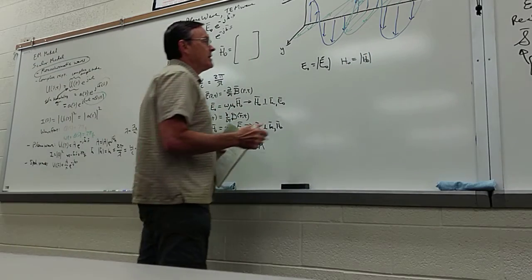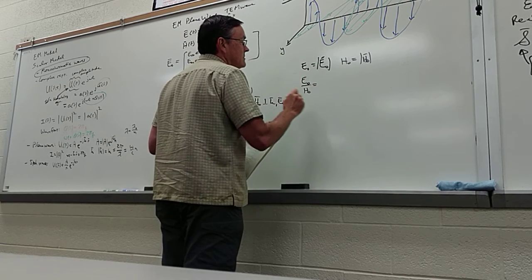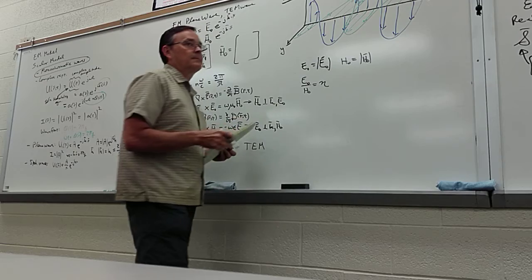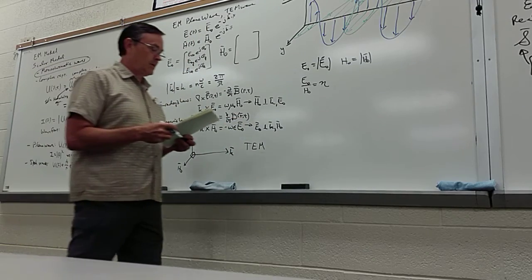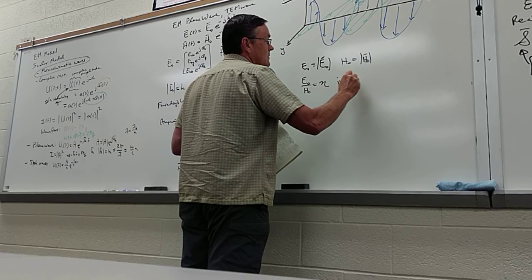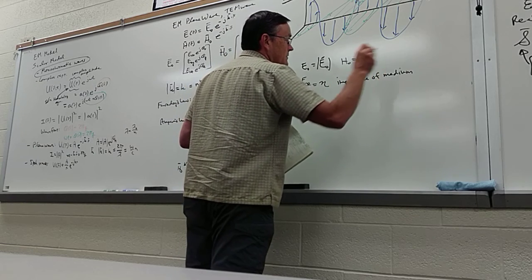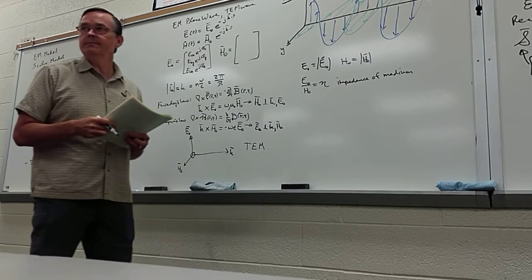And if we take the ratio of E naught over H naught, it turns out that's something that we call the impedance of the medium.